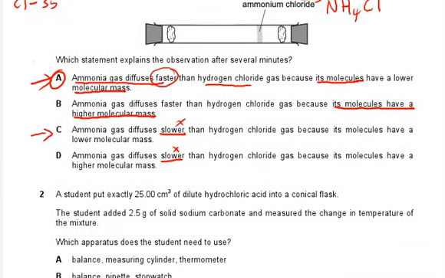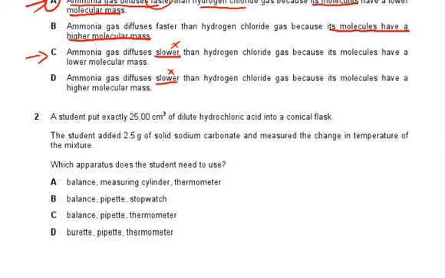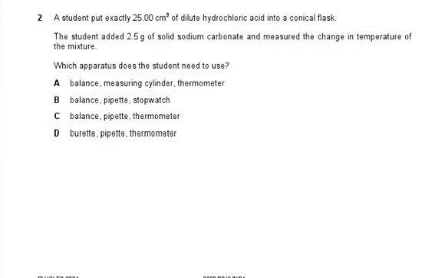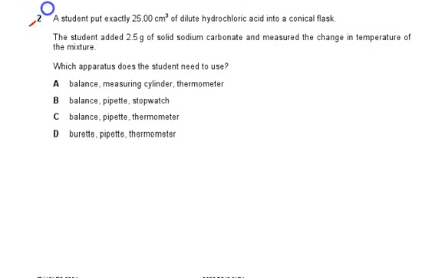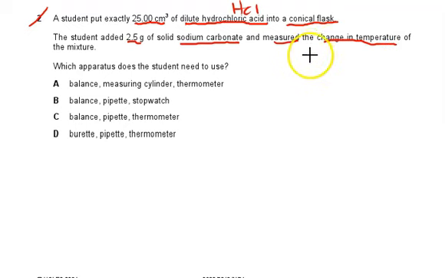Now let us look at number 2. Let me scroll below. A student puts exactly 25 cm cubed of dilute hydrochloric acid into a conical flask, and adds 2.5 g of solid sodium carbonate. The student measures the change in temperature of the mixture.